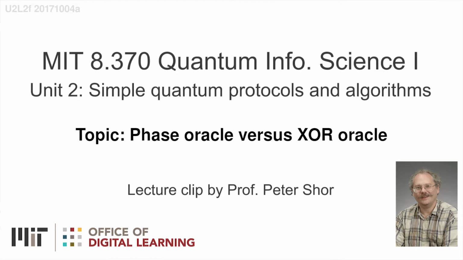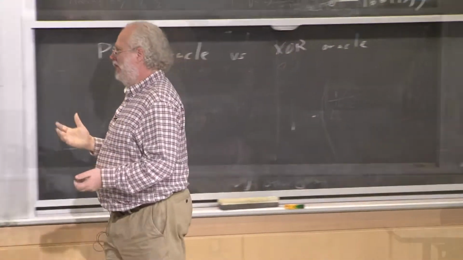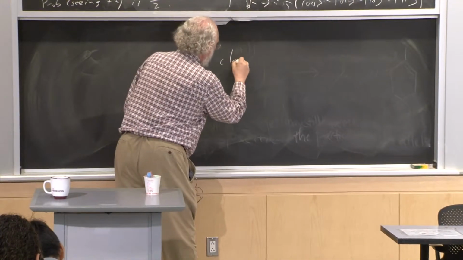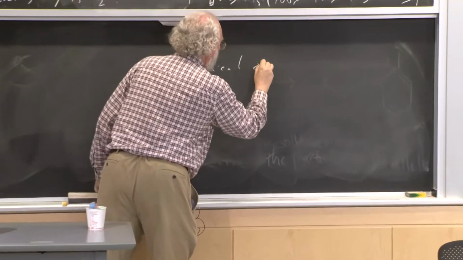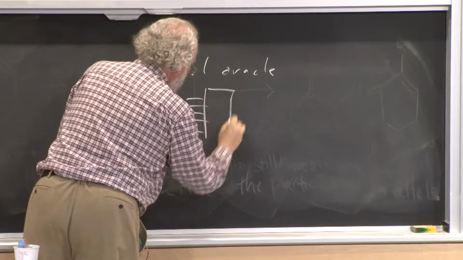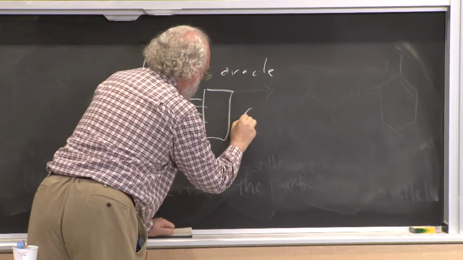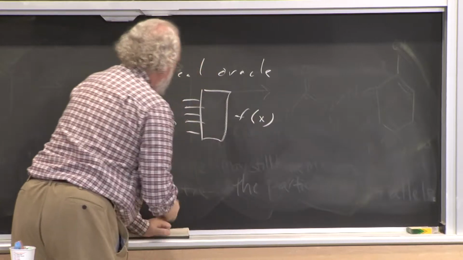Phase oracle versus, let's call it an XOR oracle. So remember, the classical oracle was this gate. You put in, say, log n inputs, got out f of the input.